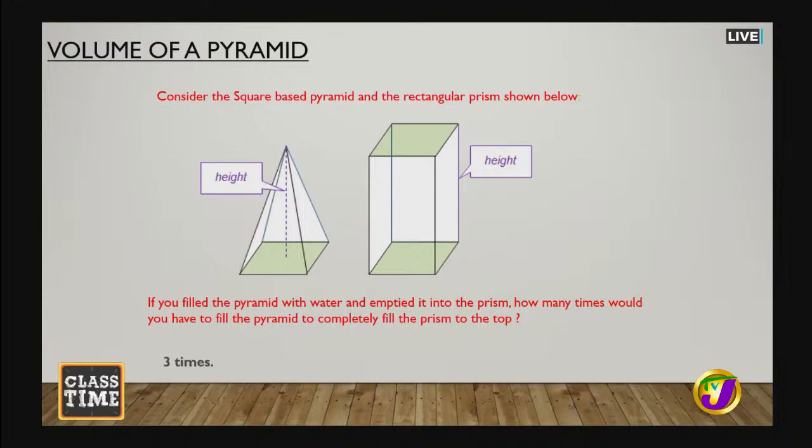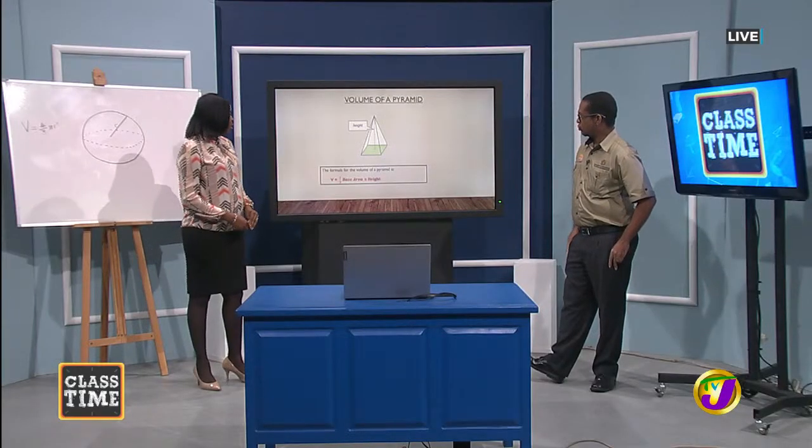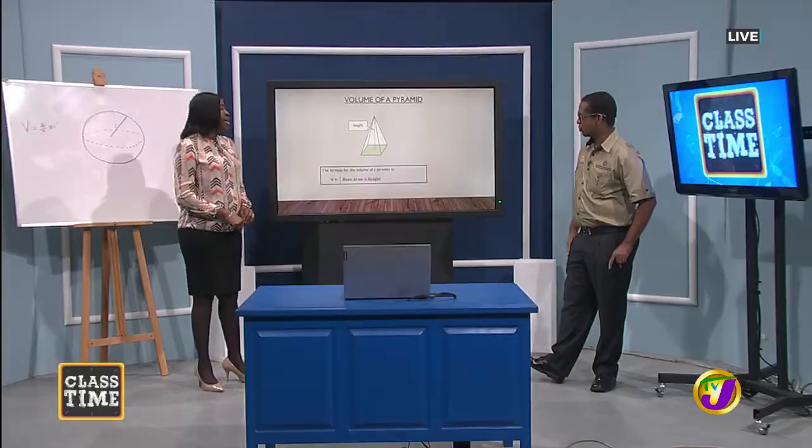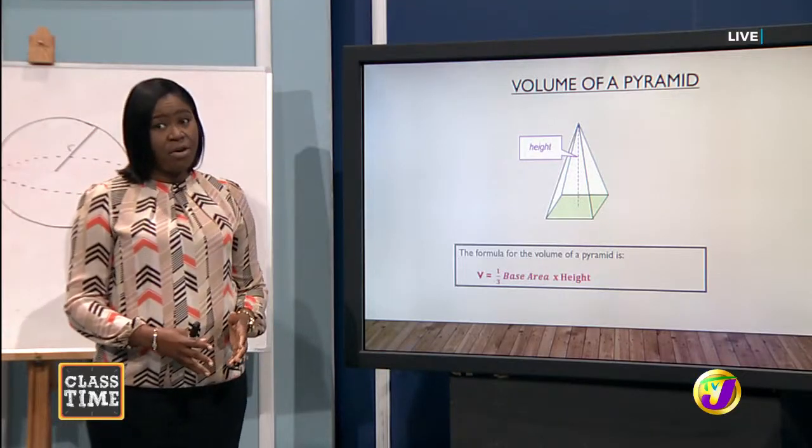This is a special relationship between pyramids and their associated prisms, and it helps us when we need to derive formulae. So the formula for the volume of a pyramid is 1/3 the base area times the height.